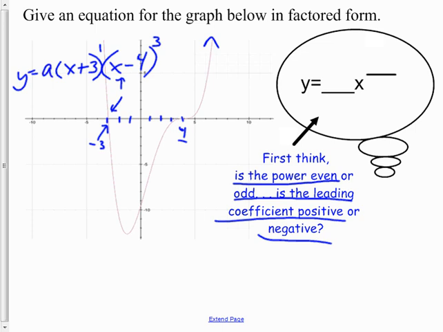Now, how could I figure out the stretch factor? You have to take some point on here that is not these roots, okay? Because the roots, if you plug them in, they make the whole thing 0, right? But if you take any other point that's on here, so like for instance, let's say this point, it looks to me like the point 6, 1, 2, 3, 4, 6, 4 is on this graph.